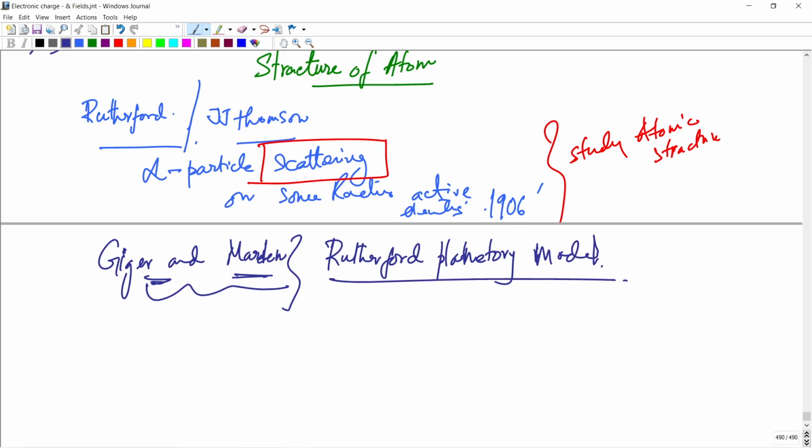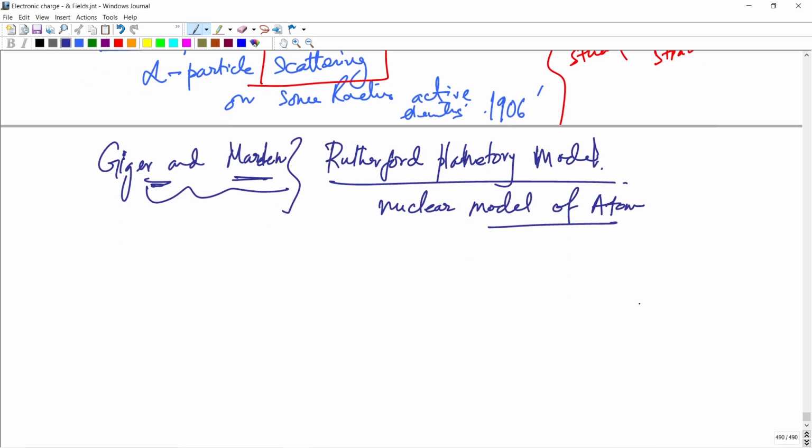This Rutherford planetary model is also called the nuclear model of the atom. According to this model, the center has positive charge. If there is a circle, the center has positive charge, and most of the mass of the atom is concentrated at the center.